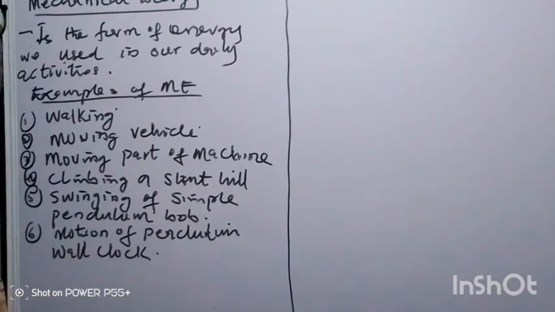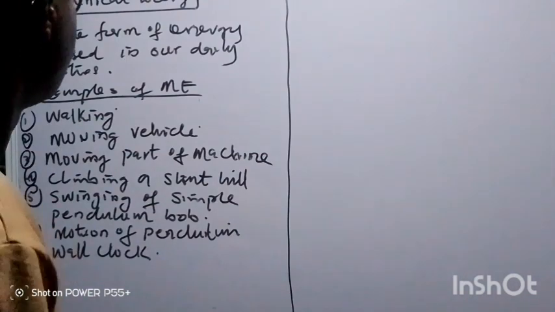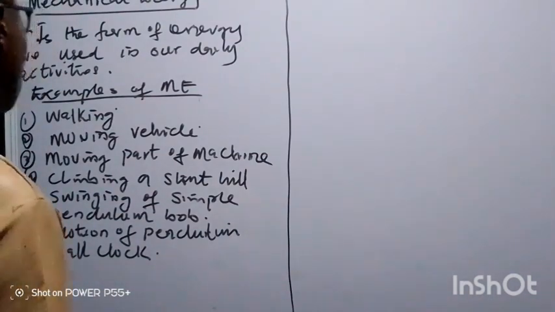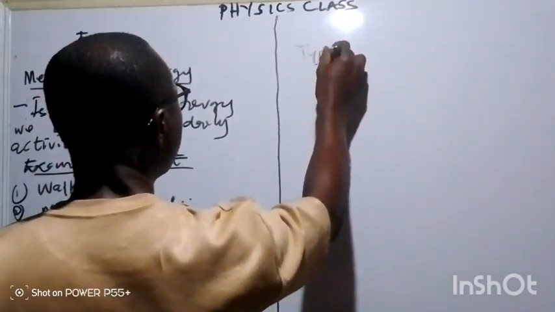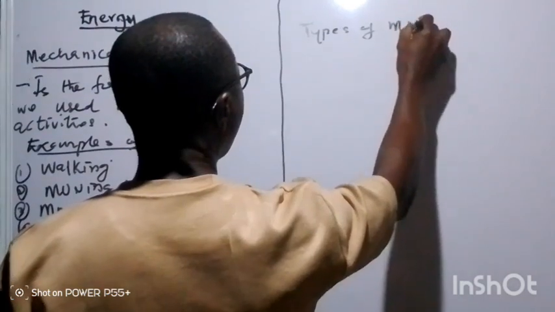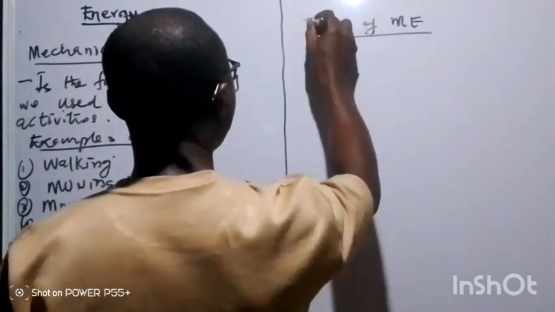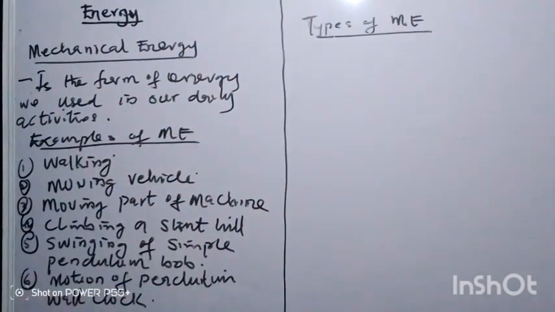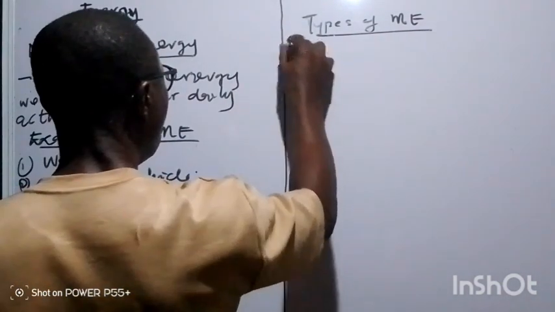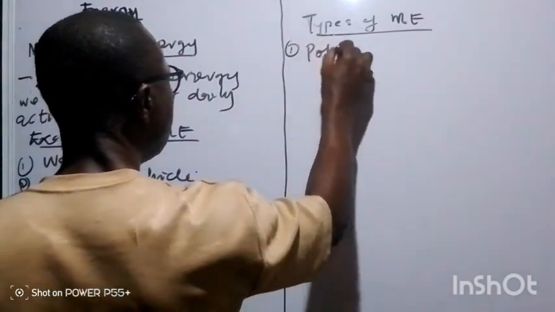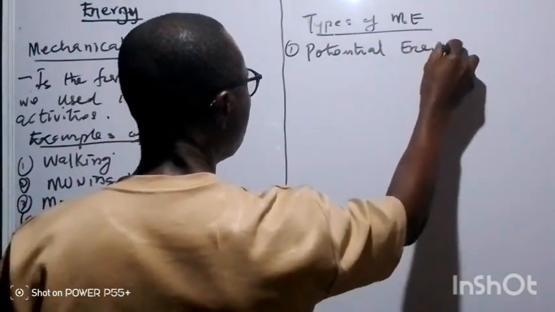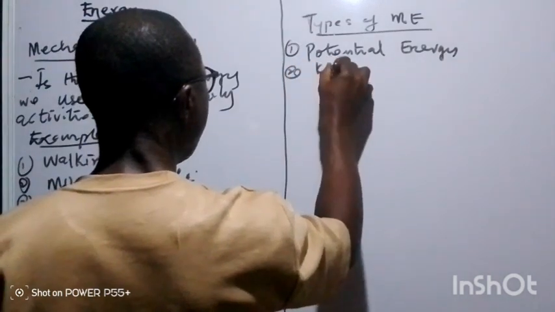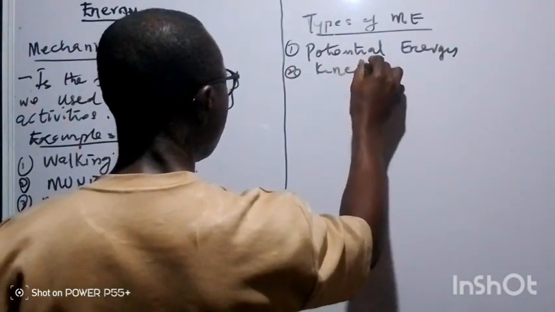As we said during our last lesson, all forms of energy are potential and kinetic in nature. So, to talk about types of mechanical energy now, we have 1, which we have discussed before, potential energy. 2, kinetic energy.